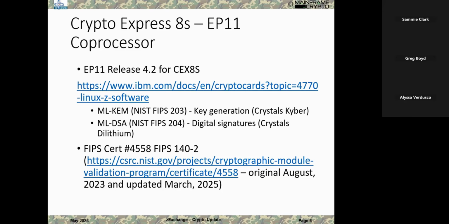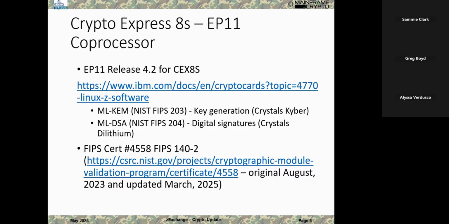You can also configure those Crypto Express cards in EP11 mode to support PKCS#11 operations. And just like on the CCA card, the EP11 cards can also support those new approved algorithms, ML-KEM and ML-DSA. So the APIs have been updated, and you can reference and use those algorithms on the EP11 cards.